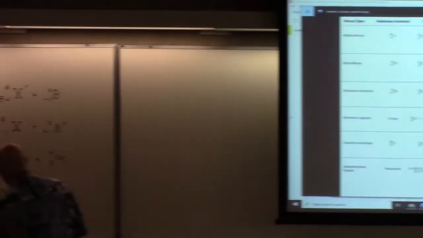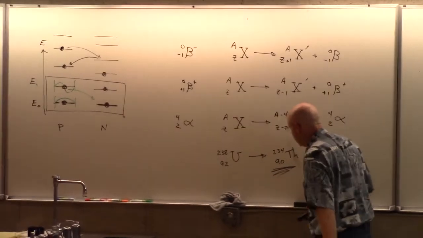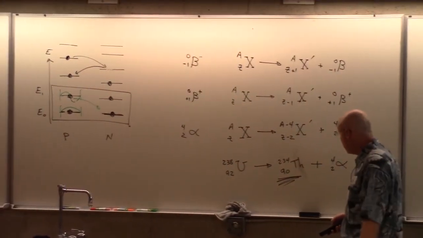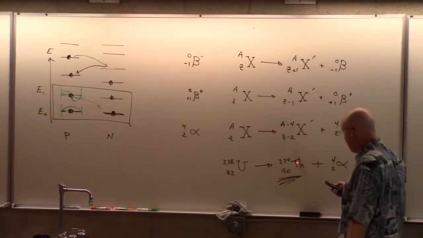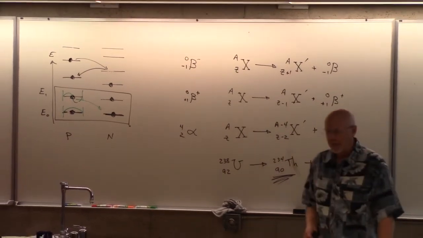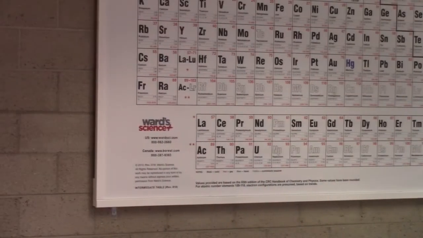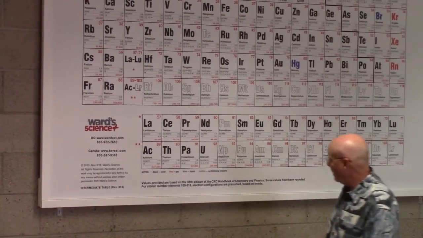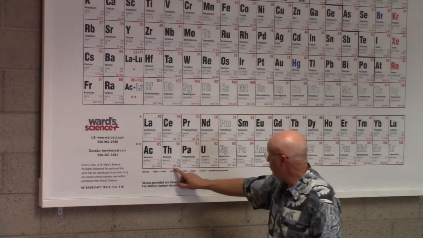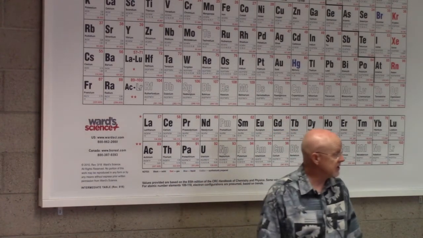By the way, in passing, since this is such an important one here, this uranium-238 has changed into thorium-234. But that's not a stable one. So this is going to keep on decaying. Let's see, let me come over here and see what the stable one is. Yeah, so thorium-232 would be stable.